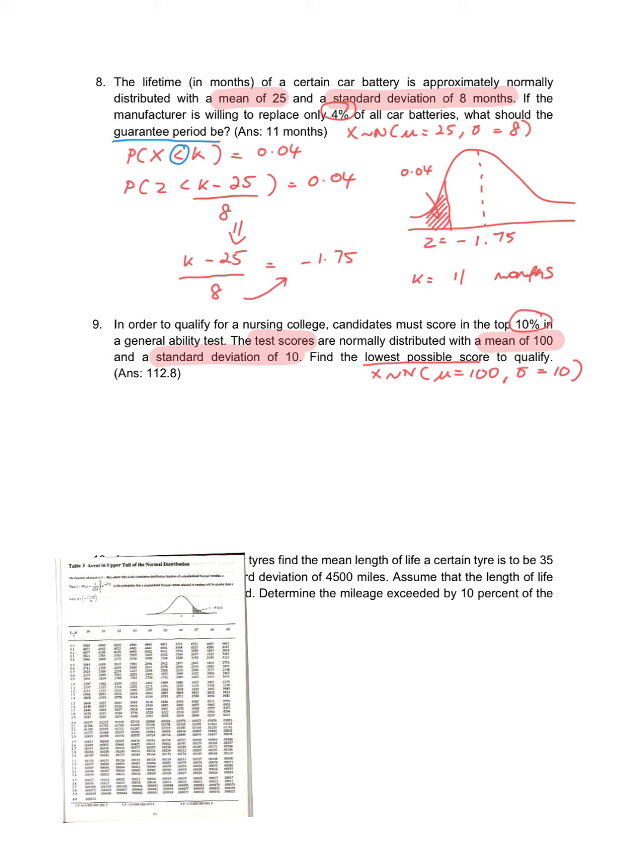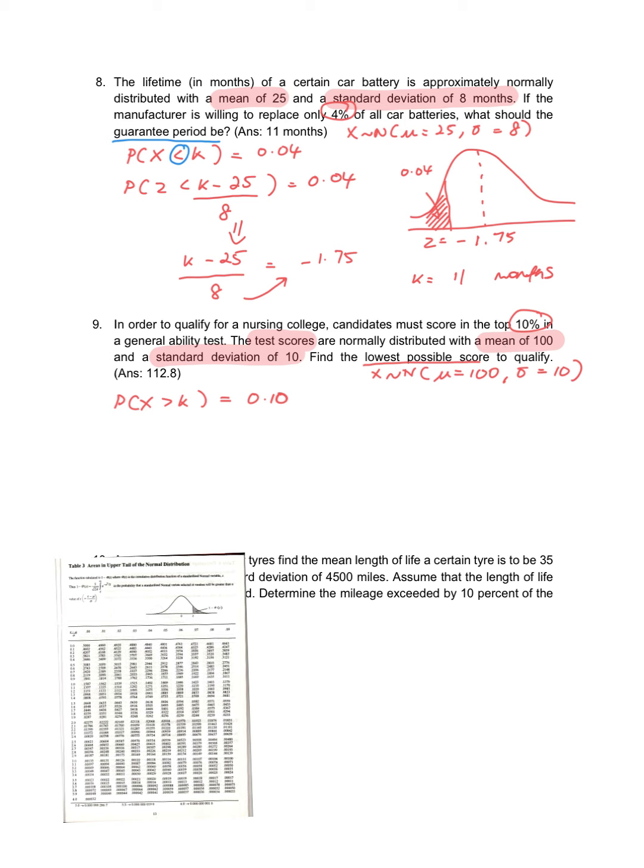So maksudnya kita kena cari what are the score that should be passed by the student. Okay, so we can write the statistical terms into probability of X greater or equals to K equals to 0.1. So 0.1 here is the probability value that are given in the question.